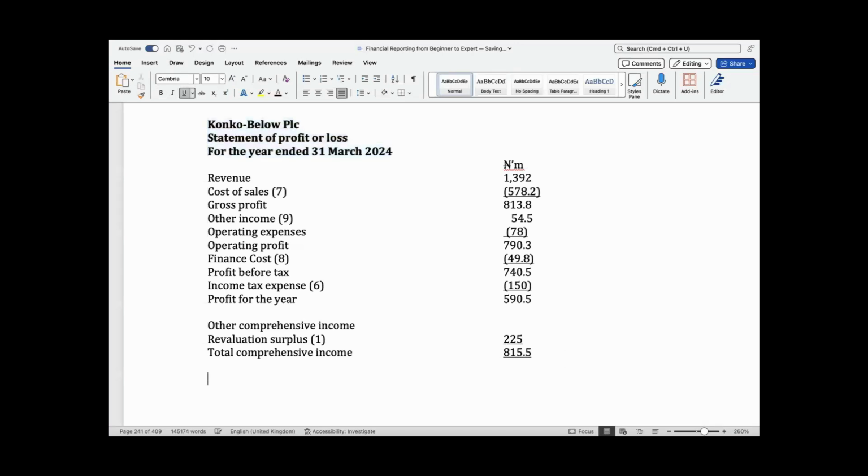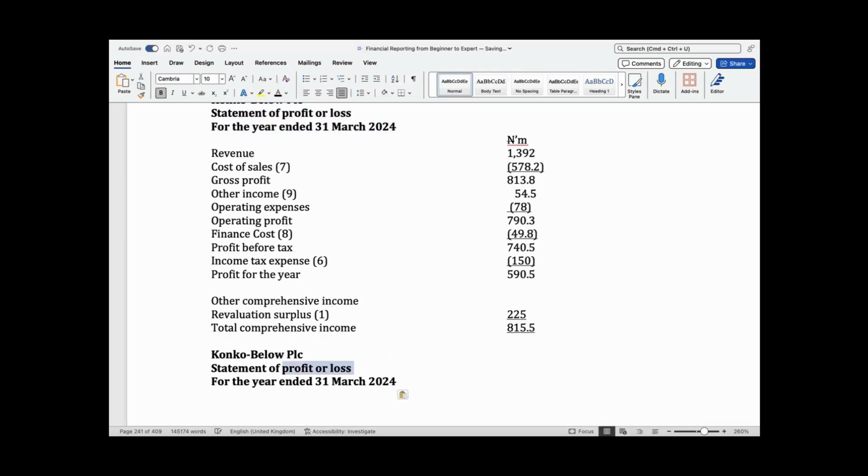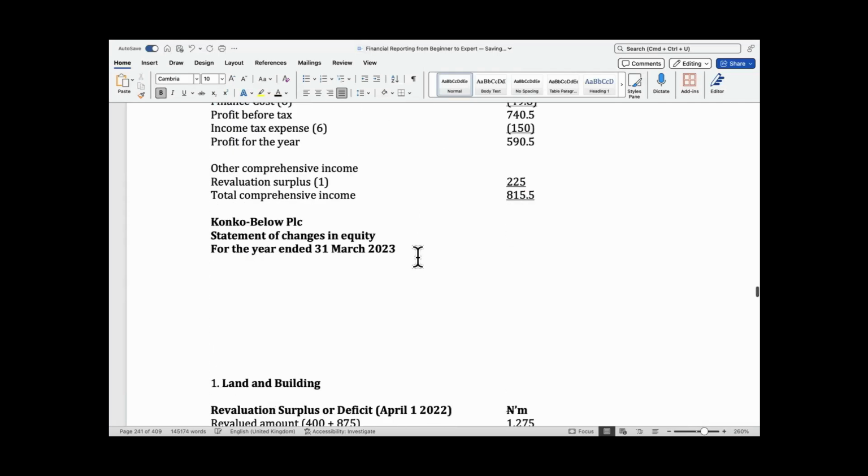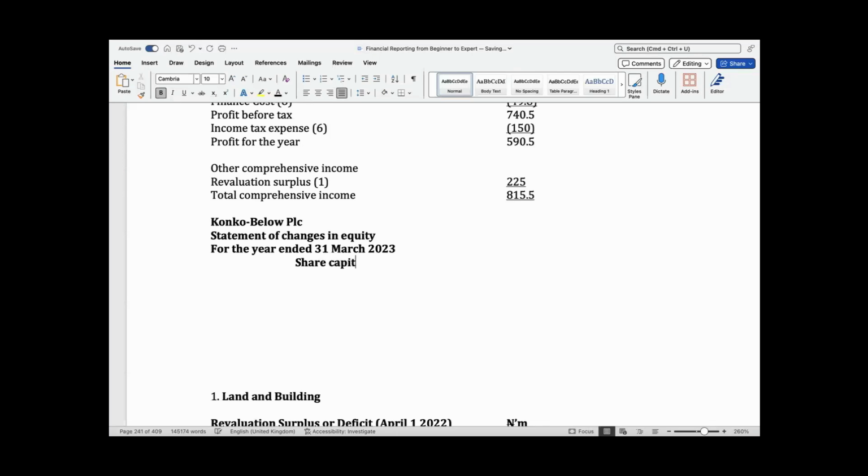Then let me do my statement of changes in equity. For the year ended 31st March, I think it's 2023 or 2024. Then for that, I will have my share capital. I don't have share premium from the trial balance. I can see that. Then I have my retained earnings.